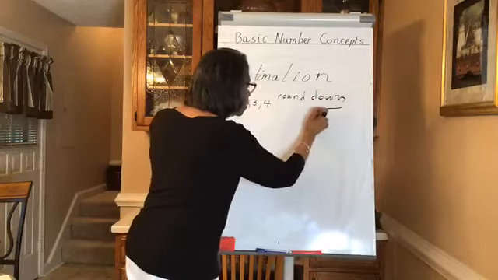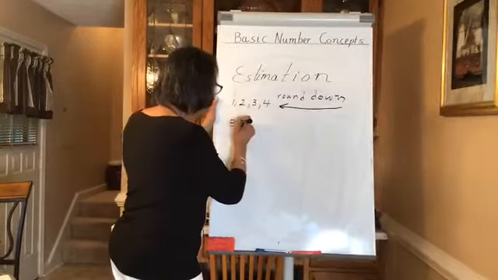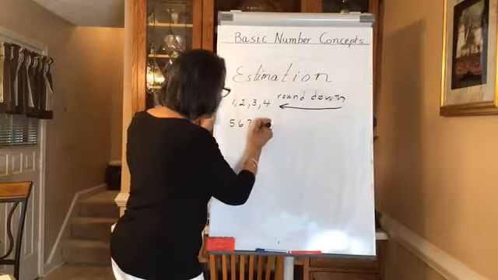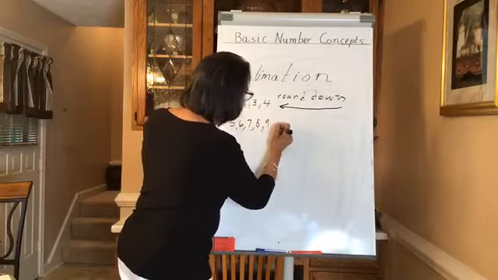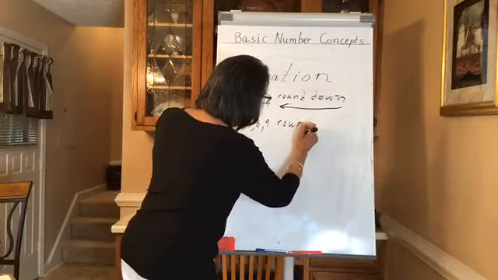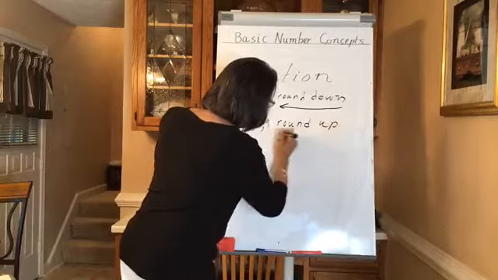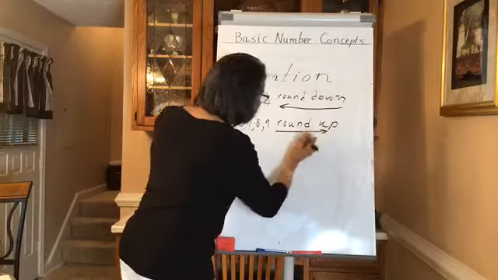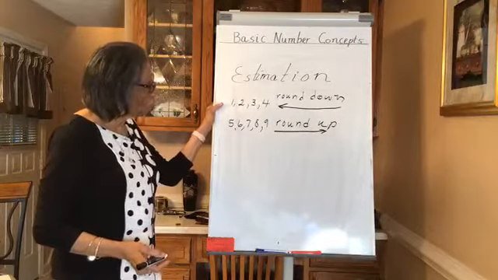That means you're going to take the lower number. All right, if it's 5, 6, 7, 8, or 9, you're going to round up. And this is what we talk about, round up and round down. In other words, you're going to take the larger number.